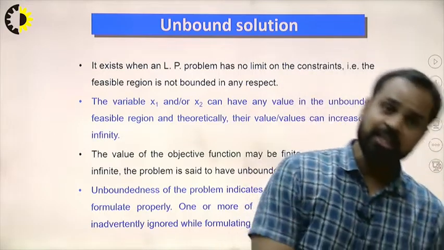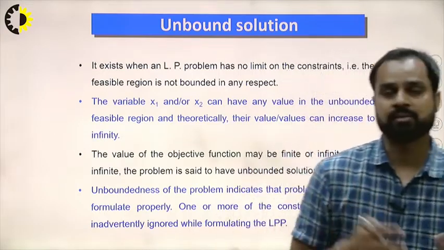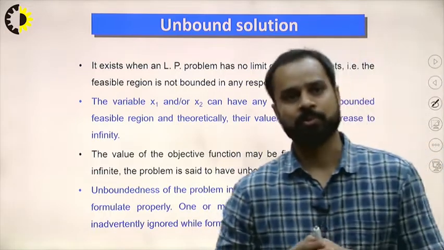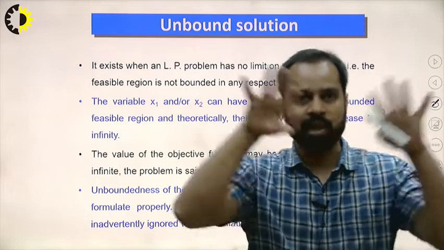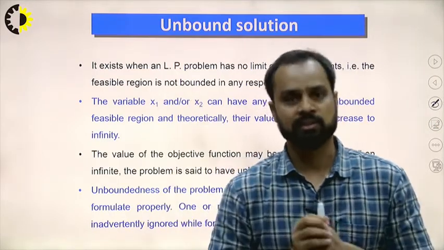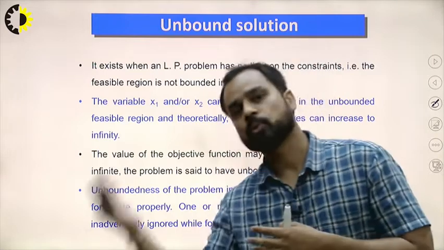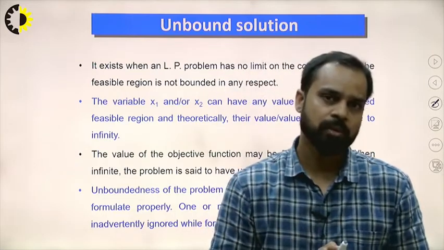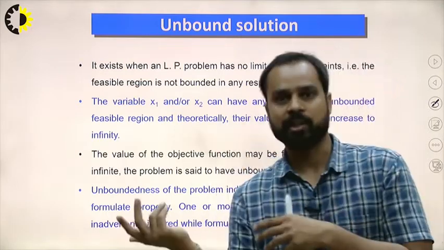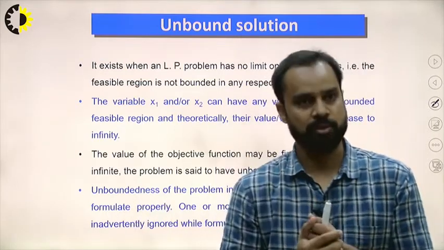And generally this type of situation arises when the formulation of the problem is not properly done. We always have a problem in description form in real life, and we have to convert it into mathematical form. That transformation from description to mathematical form is known as transformation.